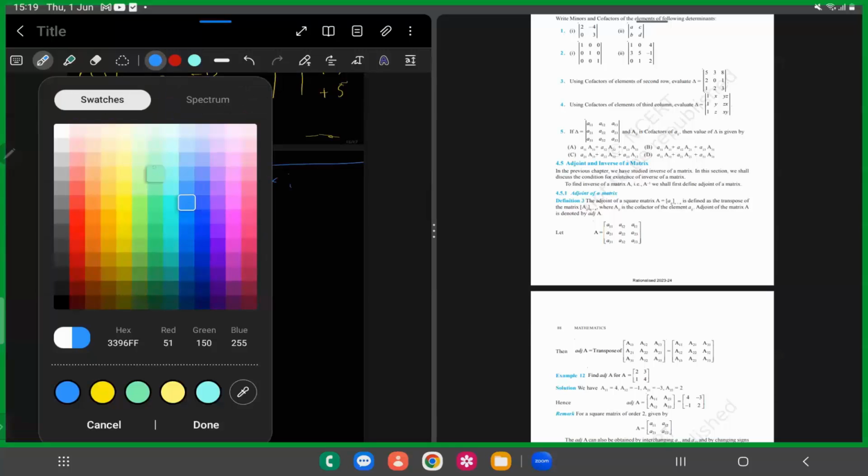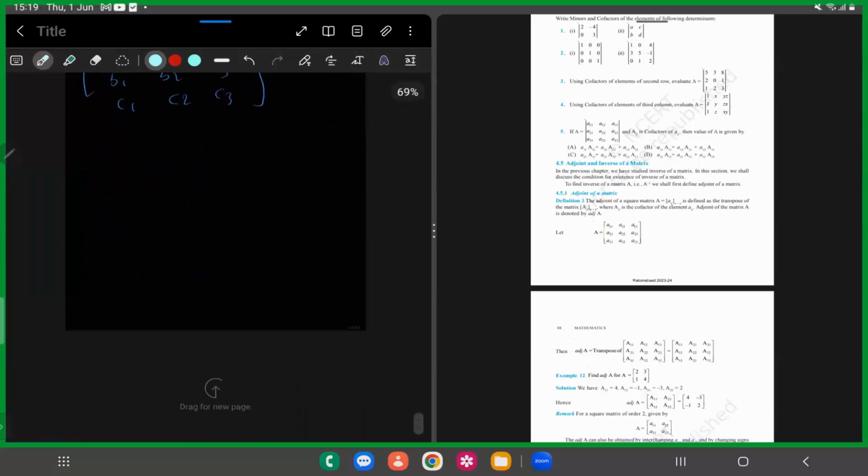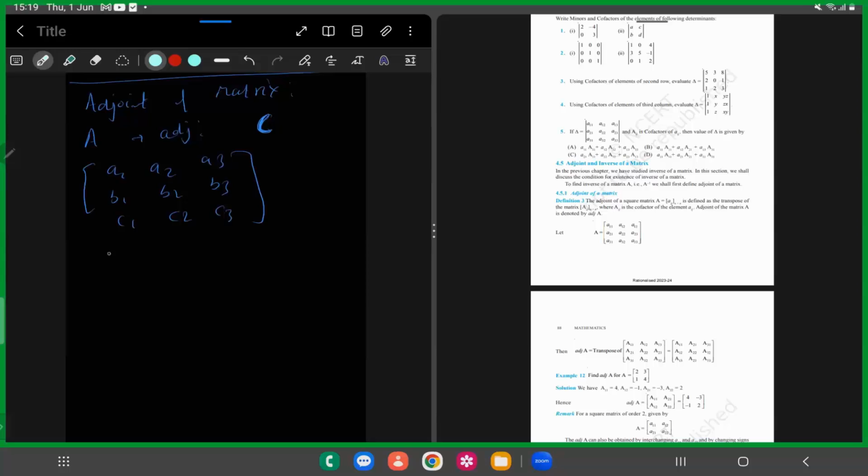Since we are already familiar with the concept of the cofactor matrix, let's say we have another matrix, call it X, and let's denote its terms by capital letters to distinguish it from the above matrix: A1, A2, A3; B1, B2, B3; C1, C2, C3.